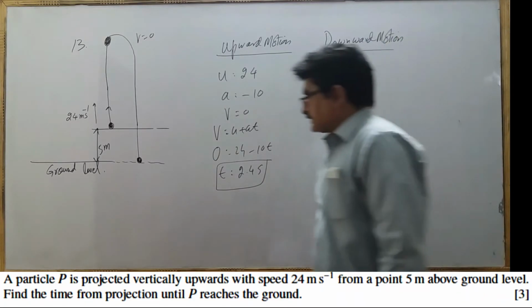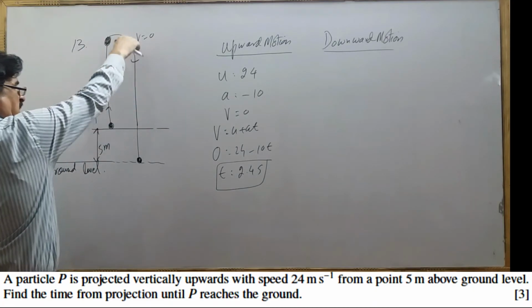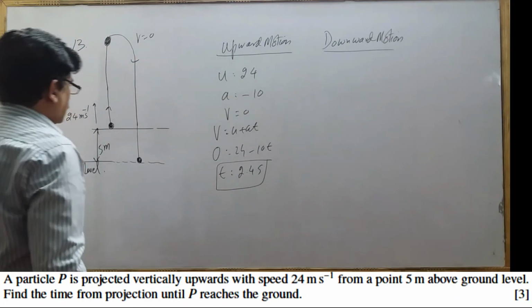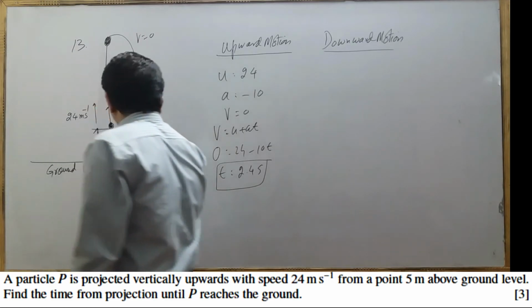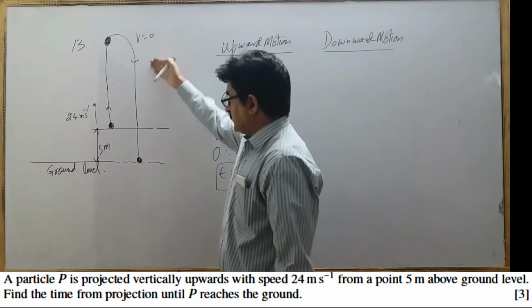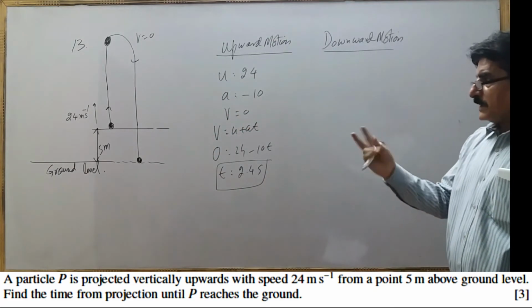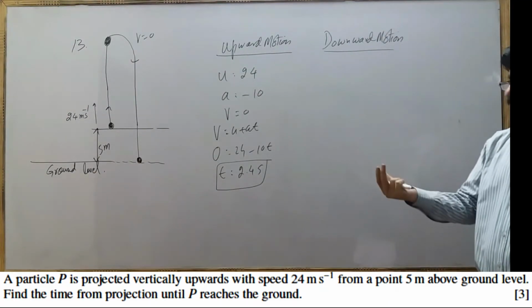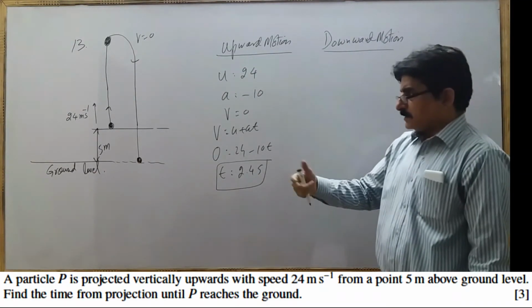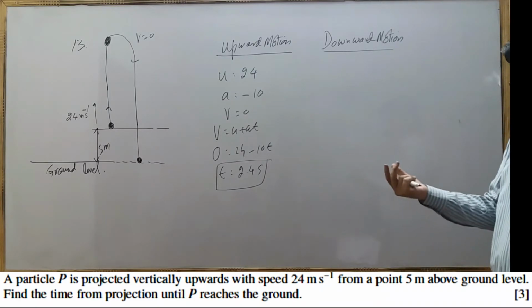Now for downward motion, when it comes down, its initial velocity will become 0. Initial velocity is 0, acceleration is plus 10. We know only two quantities. How can we find the time? We need a third quantity, which is distance.